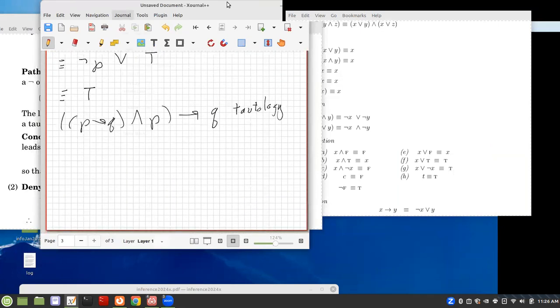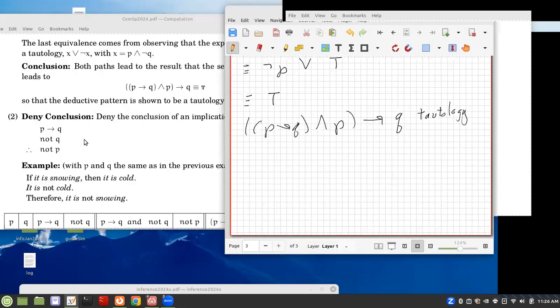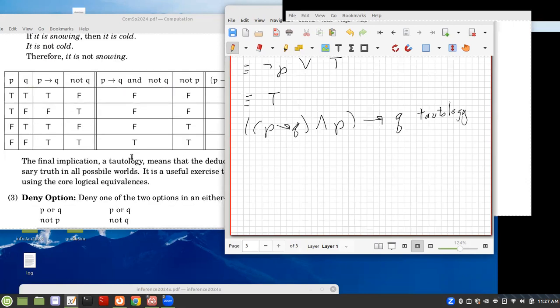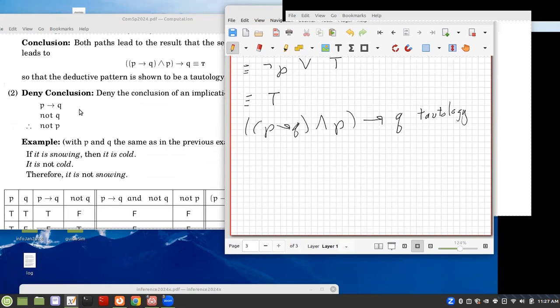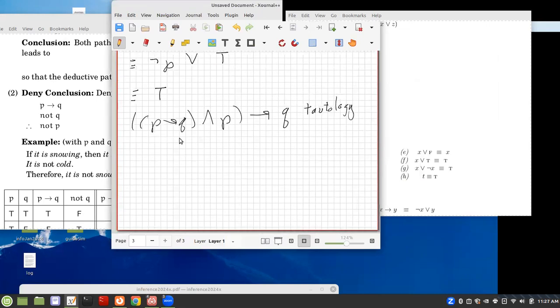Okay, so that is our first rule of inference. And now we're just going to become familiar with the rest of them. We're not going to go through it. In the text, it goes through and shows you the truth table and stuff for these other ones, or the logical equivalence derivation of these patterns of inference. But let's just go on now that we've justified our first one, a firm premise.